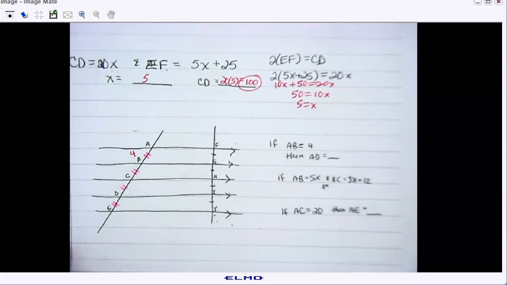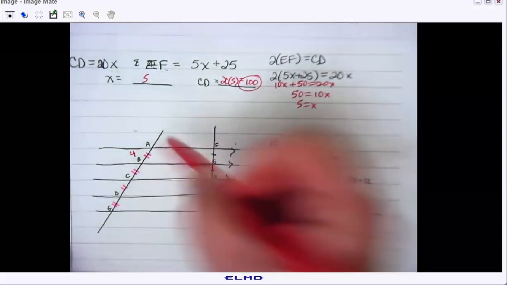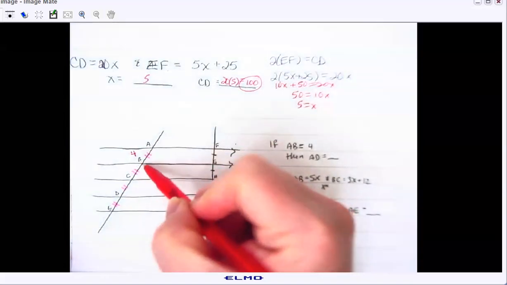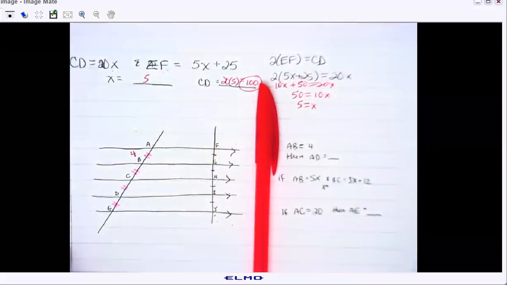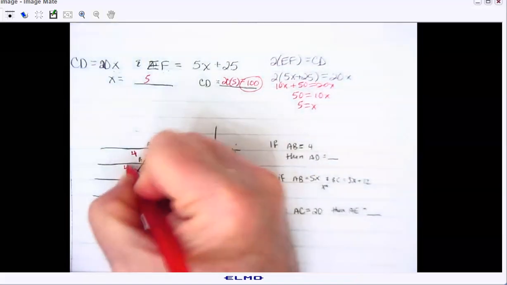Yes, thank you in the chat. They are congruent, they're equal. So if AB is 4, what does that make BC? 4. Yep. So it makes all of these 4.